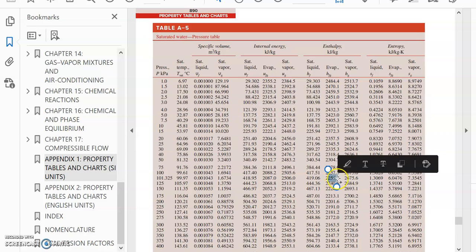Okay, 2256. So another way, if it's not given in this table, another way to find the value is by subtracting hg minus hf. So let's try.